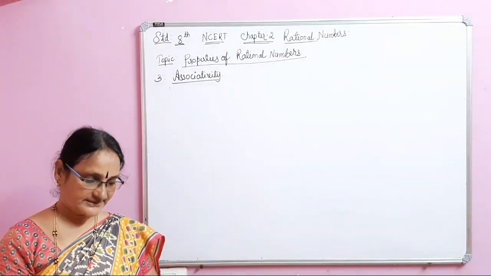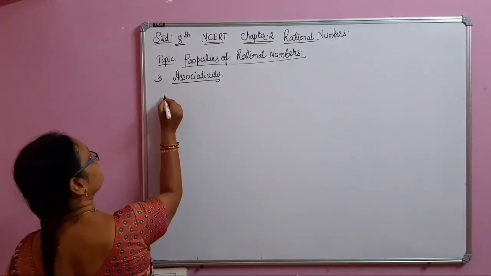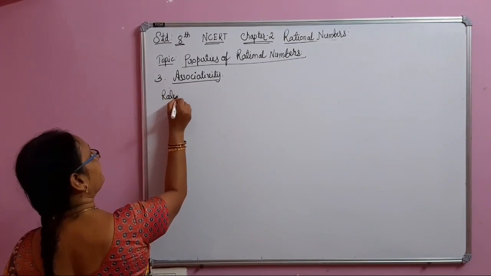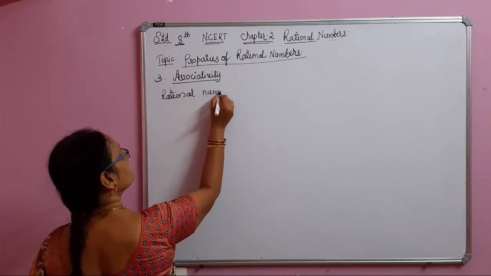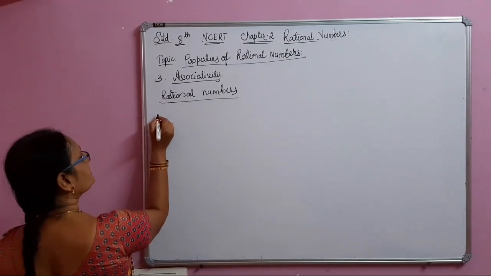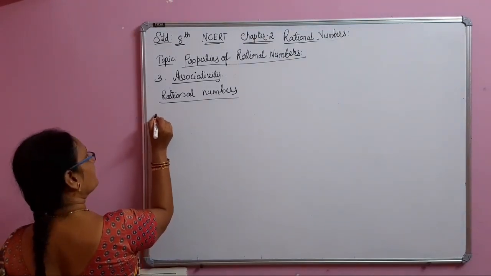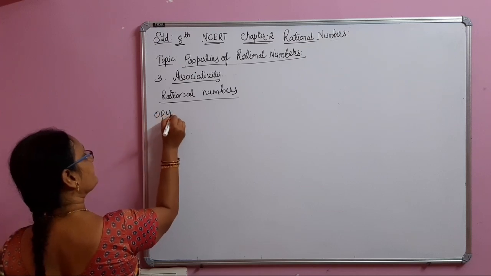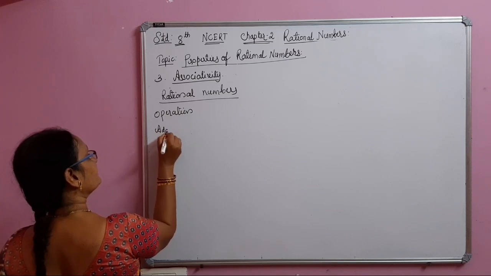Okay, now we will see the associativity for rational numbers. Even for that also, first, the operation is addition.